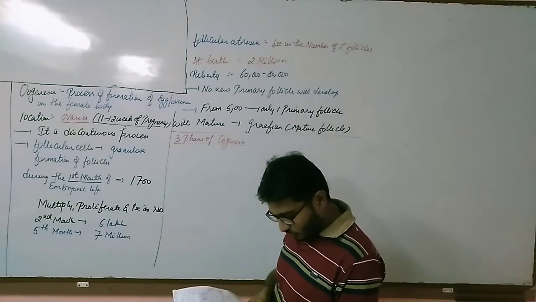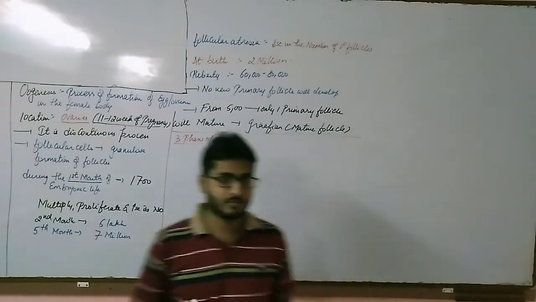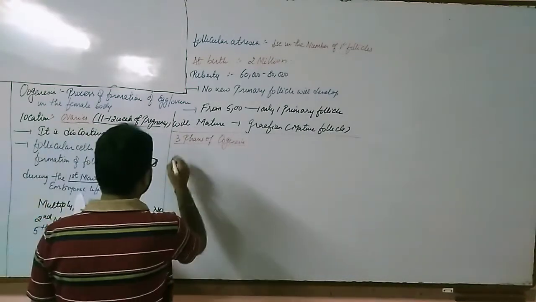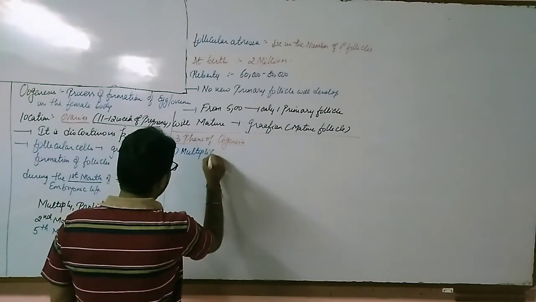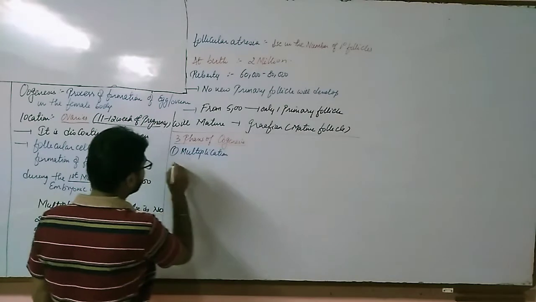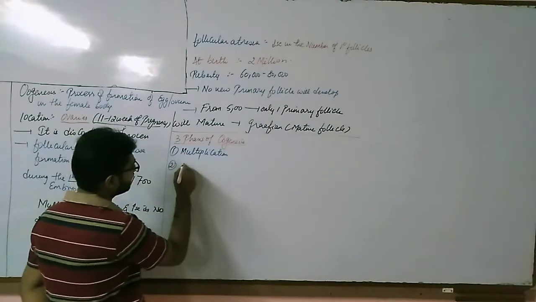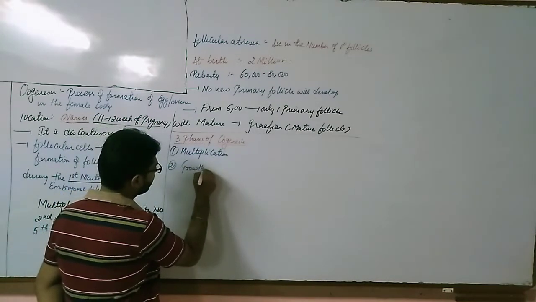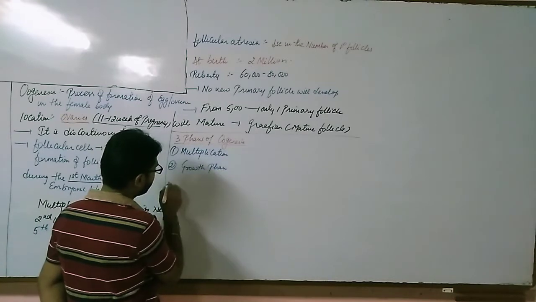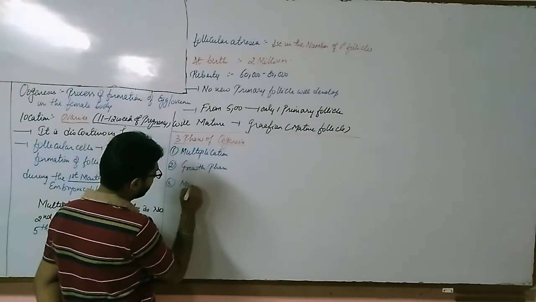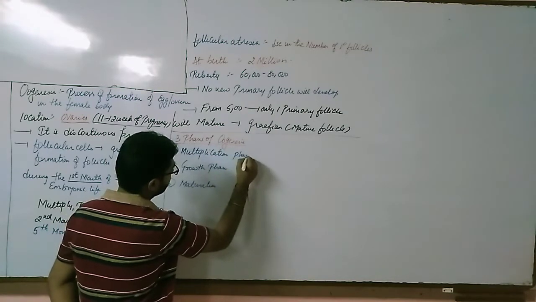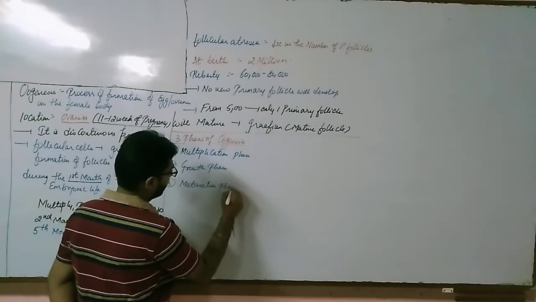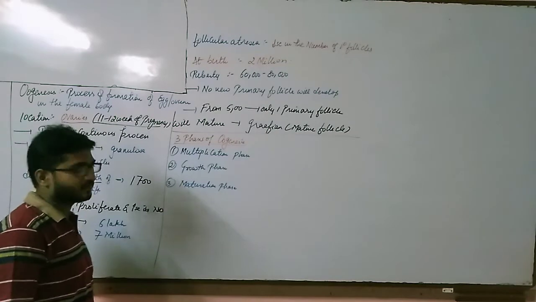The ovaries are very well developed within the female reproductive system, mainly in the abdominal cavity. So three phases of oogenesis are: the multiplication phase, the second phase is the growth phase, and the third phase is called the maturation phase.